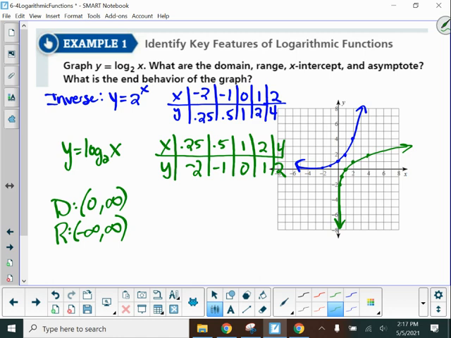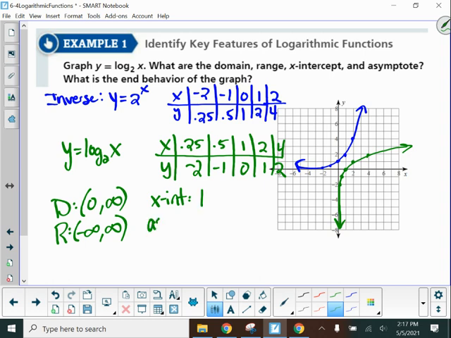My x-intercept, well, there was no x-intercept for the blue function, but it did have a y-intercept. And so that y-intercept of the exponential actually becomes the x-intercept of the green logarithmic function. And so that x-intercept is going to be 1.